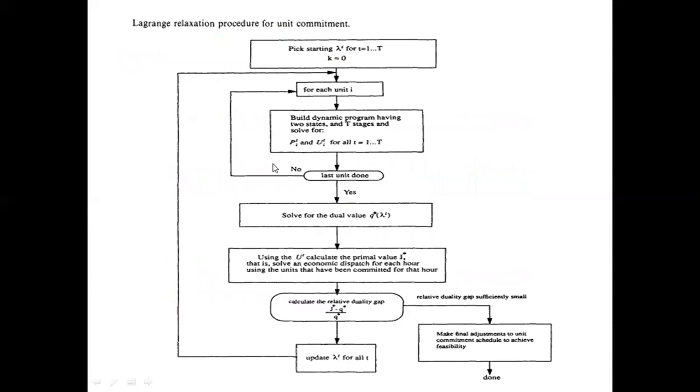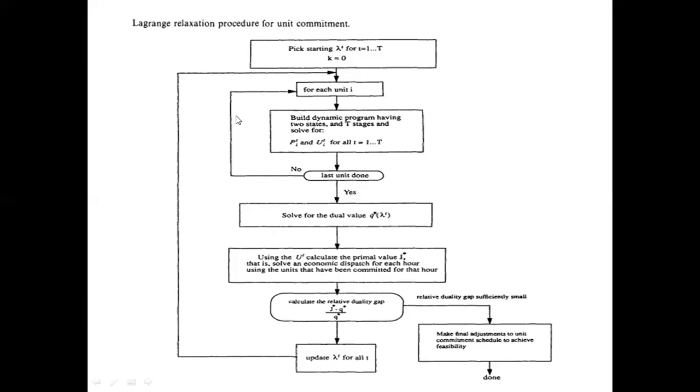So that is the general flowchart for the Lagrange relaxation procedure. We start by picking starting values of lambda t for t equal to 1 to T, and k equal to 0. The next step is, for each unit I, we build a dynamic program having two states at T stages and solve for P_it and U_it for all t equal to 1 to T. Is the last unit done?